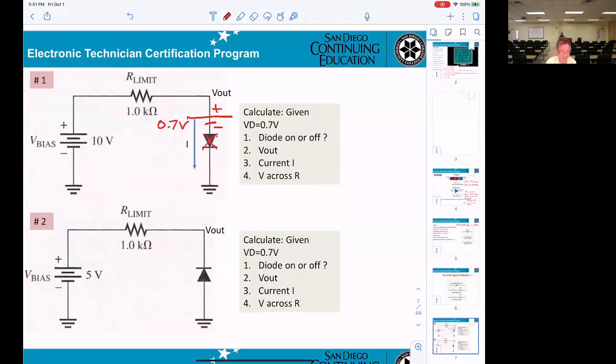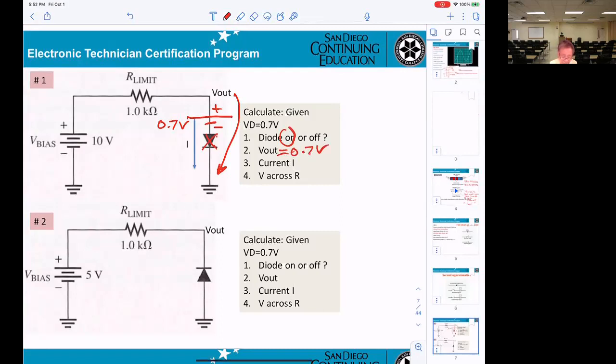Okay? So in this circuitry, they ask what is V out. V out means from output to the ground. So when you measure the voltage across the battery, you get the battery voltage. So that's why, diode on or off, I say diode on, V out equals 0.7 volt.